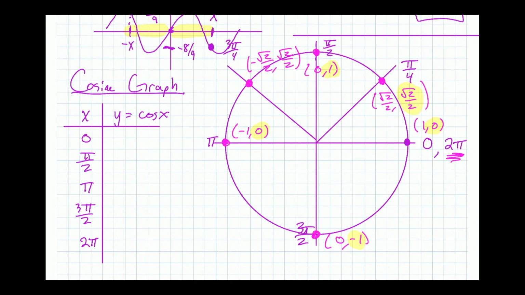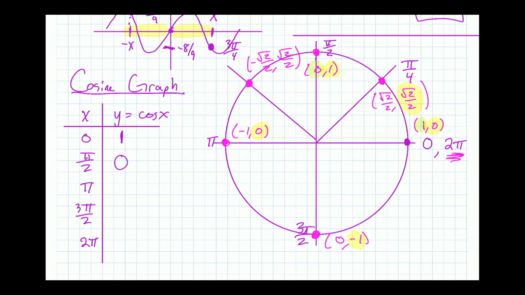So for the cosine, remember you're going to be looking at x values. When you do cosine 0, you're going to be looking at the x value there, so the x value is going to be 1. And then when you go up to pi over 2, we're skipping over pi over 4 because we are lazy, the x value there is 0.